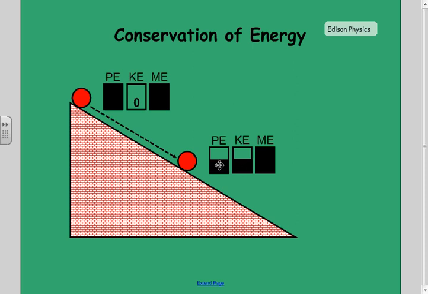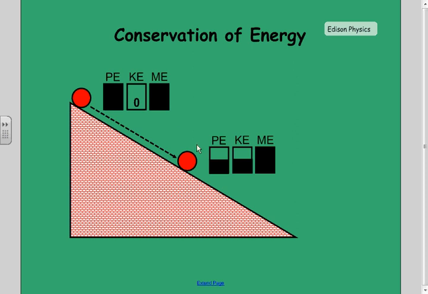But if we look at the potential plus kinetic energy bucket, the mechanical energy is still full. The mechanical energy is the same amount that it started with at the top. That's what it means to say energy is conserved. The total mechanical energy of the ball as it rolls down the hill stays constant.